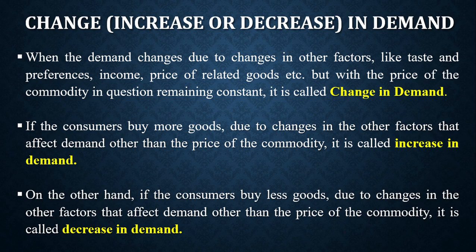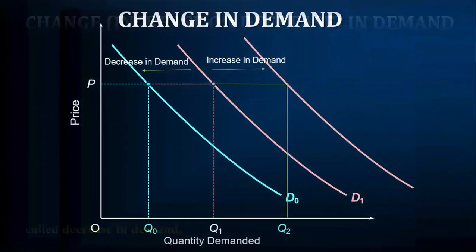If consumers buy more goods due to changes in other factors that affect demand other than the price of the commodity, it is called increase in demand. On the other hand, if the other factors that affect demand cause a decrease in the demand for the commodity, but with the price of the commodity remaining constant, it's called decrease in demand.